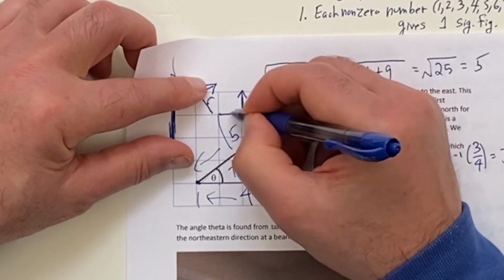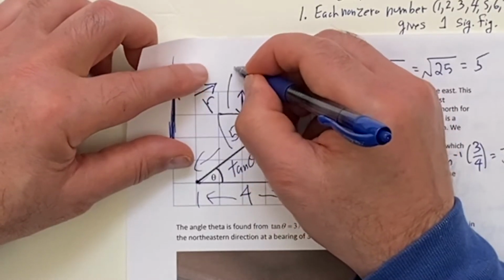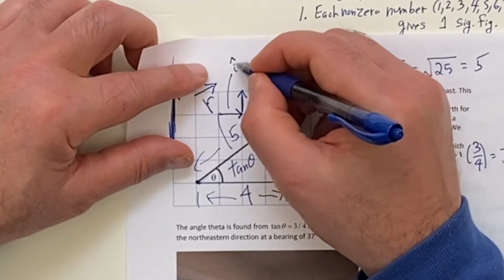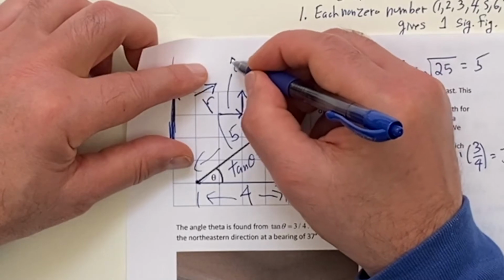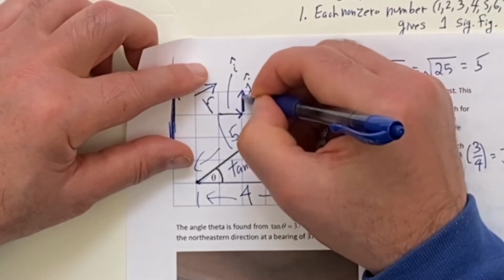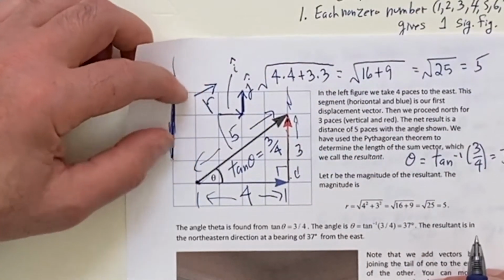If I take one pace to the east or one pace up, then we use a little upside down V called a hat. That's i. We use i, and we use j for y, and then we use k for z.